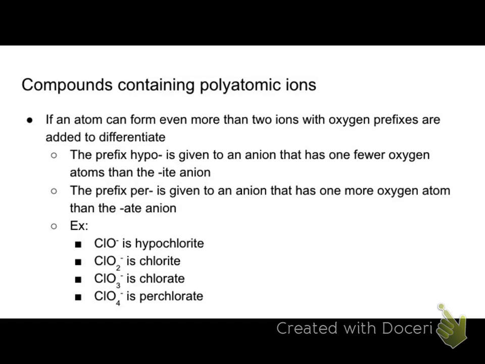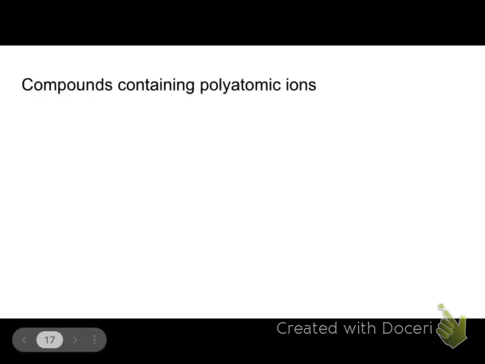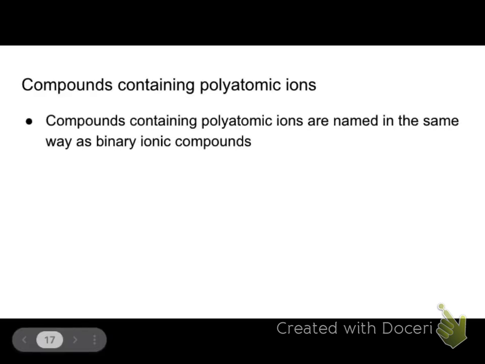This becomes important in the naming of ionic compounds, because if you are using this as your anion, then that name is what needs to go second in the naming. Compounds that contain polyatomic ions are named in the same way that binary ionic compounds are named.